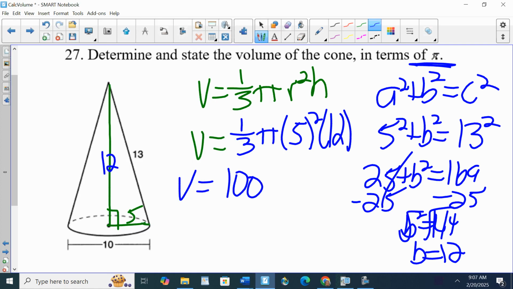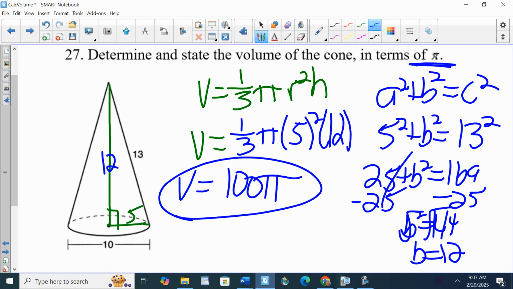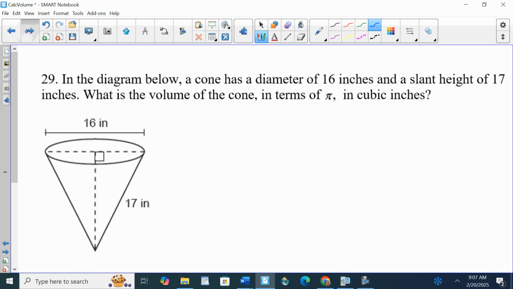So your answer is 100 pi. If this doesn't work out to be a nice number, then don't round until the very end. Just copy and paste that value into there, and you'll let the calculator do the work for you. But you don't want to round to the very end. This one didn't come up, but it will come up in some of the other examples. So this whole set is that.